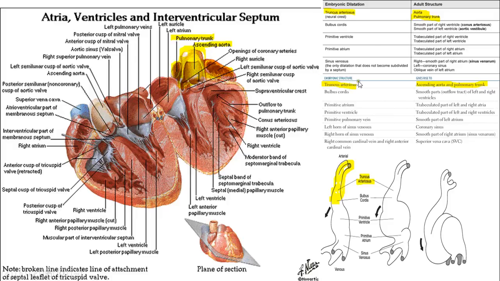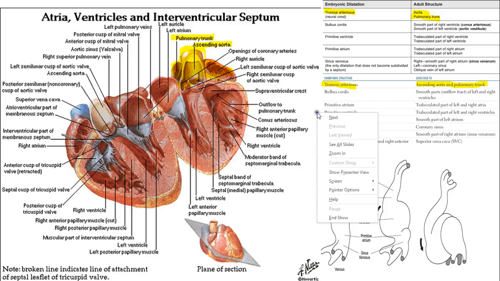In the case of a Truncus arteriosus, essentially what's happening is that when that top part is developing, it would look like this.